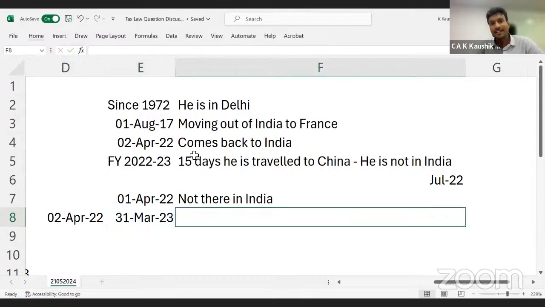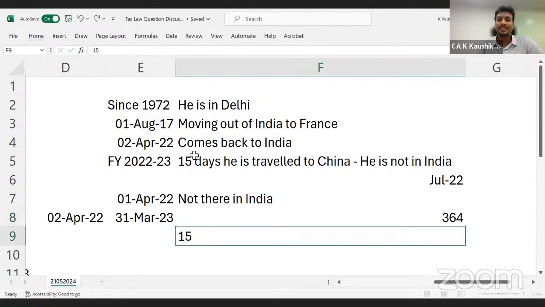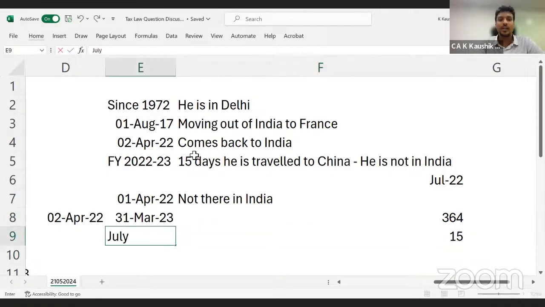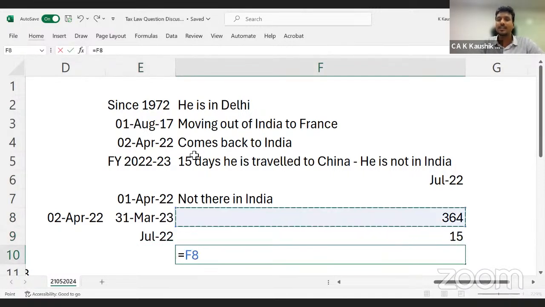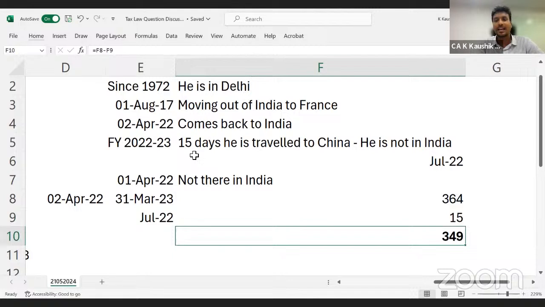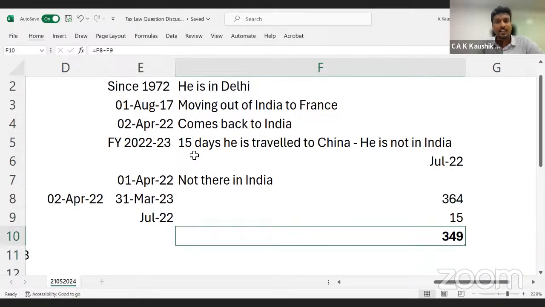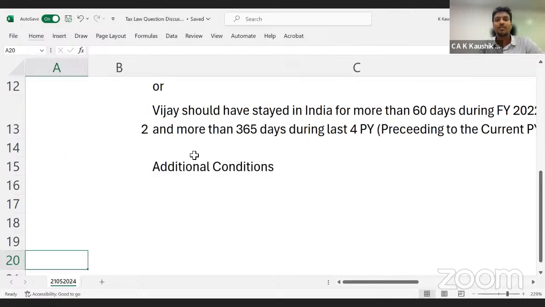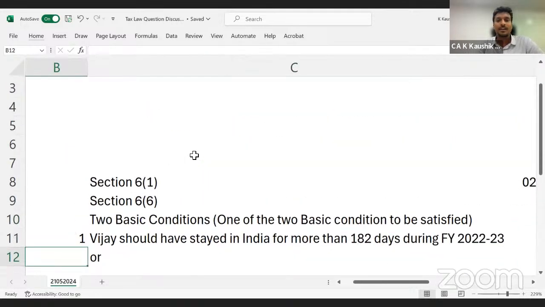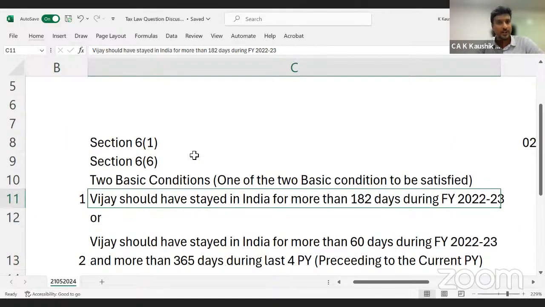Out of 365 days, 1 day is not in India, so 364 days he is in India. Apart from this, in July 2022, 15 days he is not in India. Reducing this, 364 minus 15, I get 349 days present in India. Since he is present in India for 349 days, the first basic condition is satisfied, that he has stayed for more than 182 days.